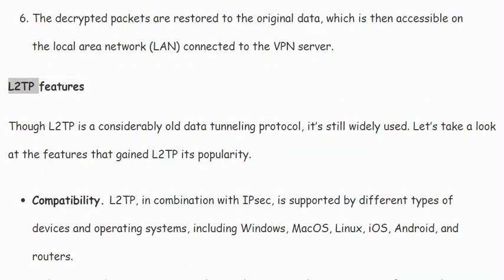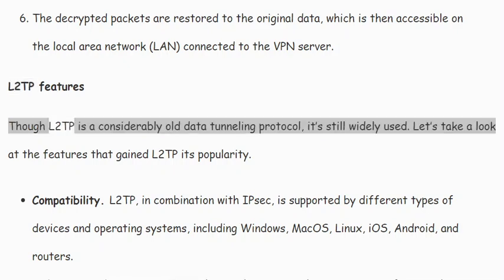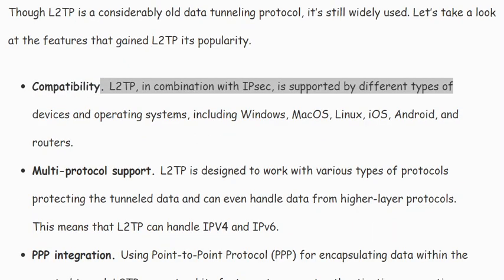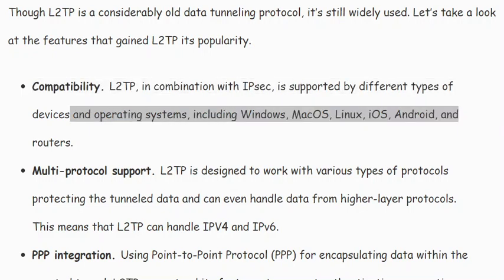L2TP features. Though L2TP is a considerably old data tunneling protocol, it's still widely used. Let's take a look at the features that gained L2TP its popularity. Compatibility. L2TP, in combination with IPsec, is supported by different types of devices and operating systems, including Windows, macOS, Linux, iOS, Android, and routers.